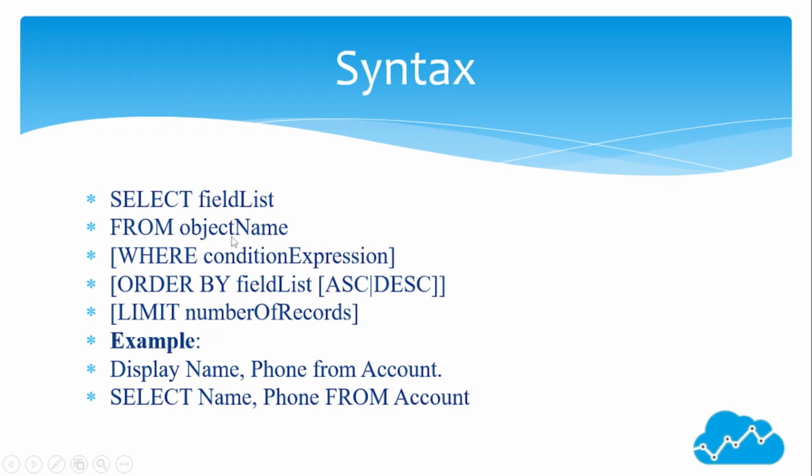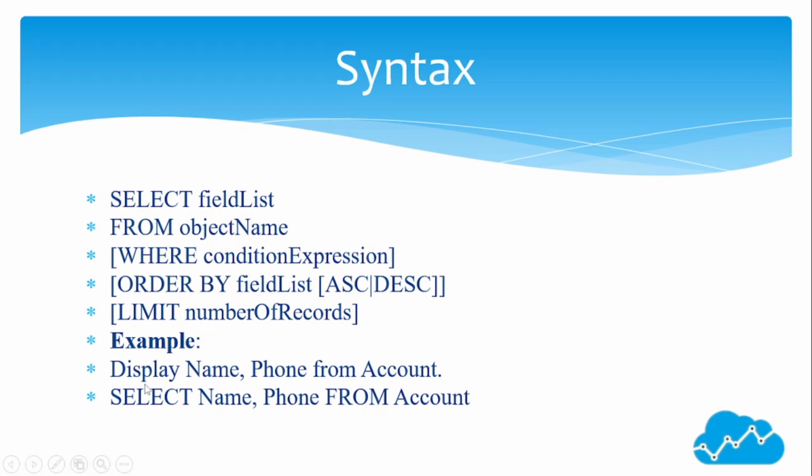But only one object we have to provide here. Where condition expression, order by field list, that can be ascending or descending, limit number of records, whatever number of records we need.